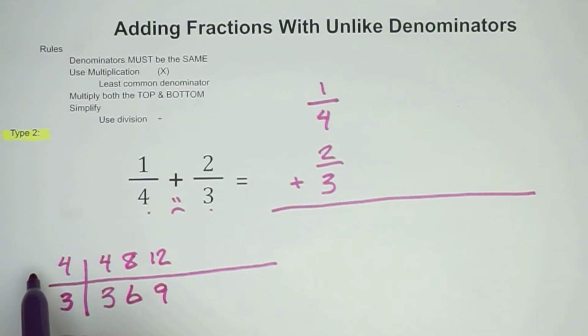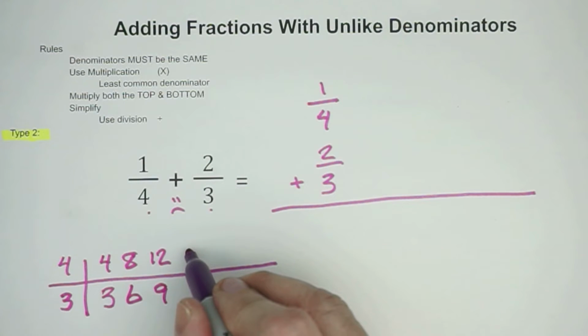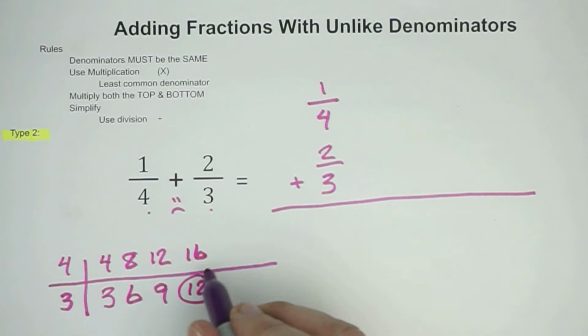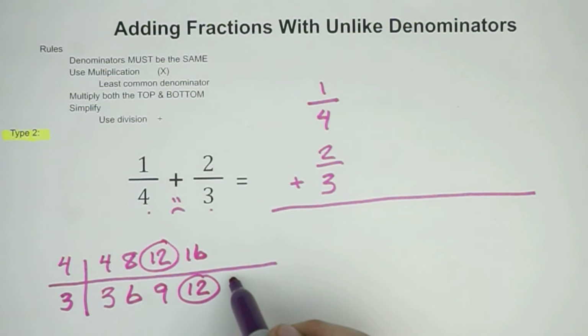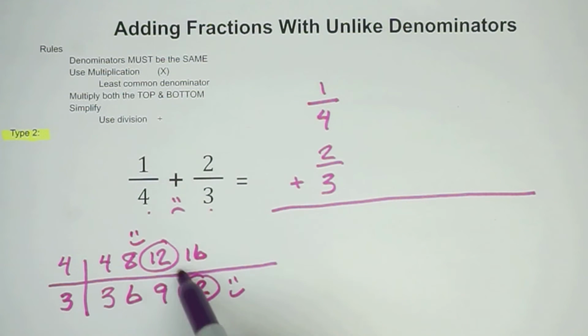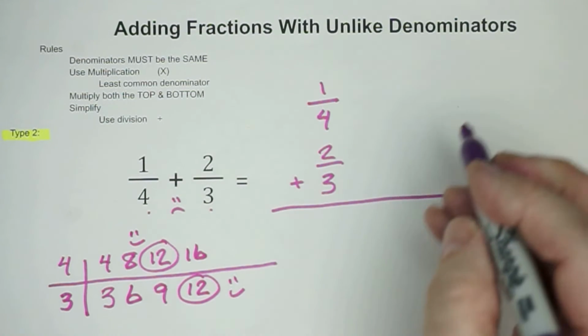Let's try another one. 4 times 4 would be 16. And 4 times 3 is 12. Well, here we go. So now I'm happy because I have found my least common denominator, sometimes called least common multiple. In other words, we're going to rewrite the fractions with 12 on the bottom.